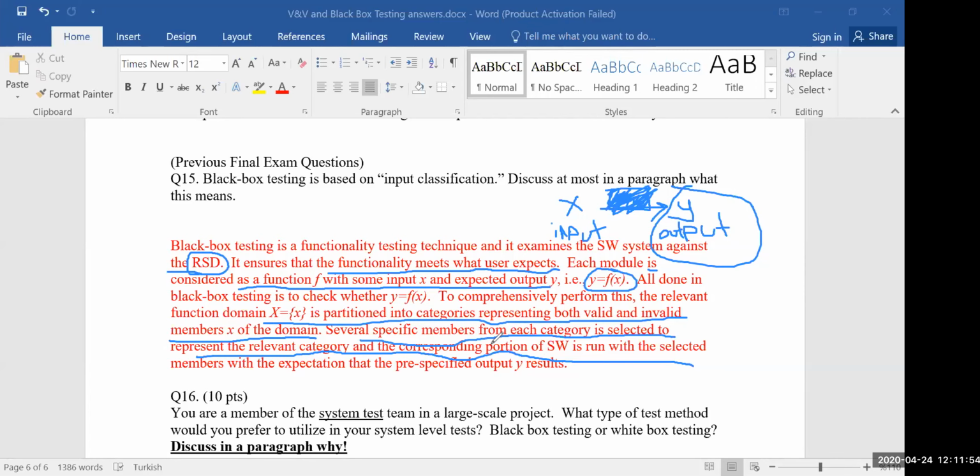We are not expected to perform functional testing with all of the values in all classes, because we have an infinite number of values in the classes. We are just selecting some representative values from each class.